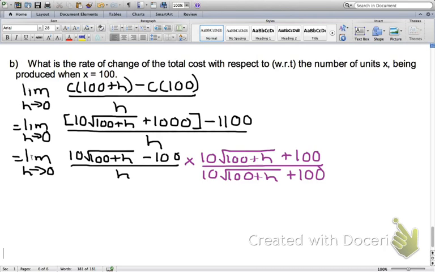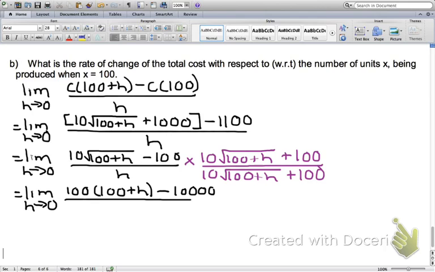So when we do this, we're going to be left with the limit as h approaches 0 of 100 times (100 + h) minus 10,000, all over h times (10 times the square root of 100 + h plus 100).